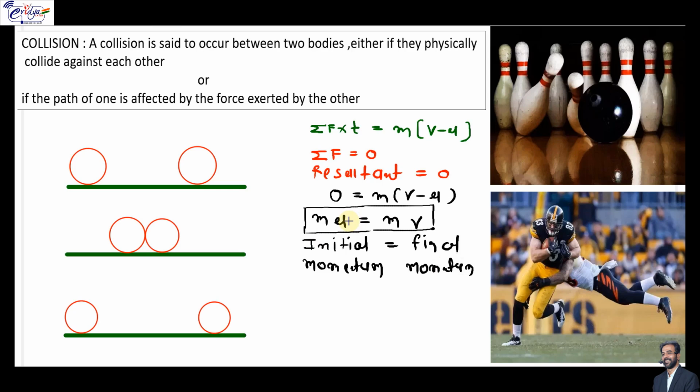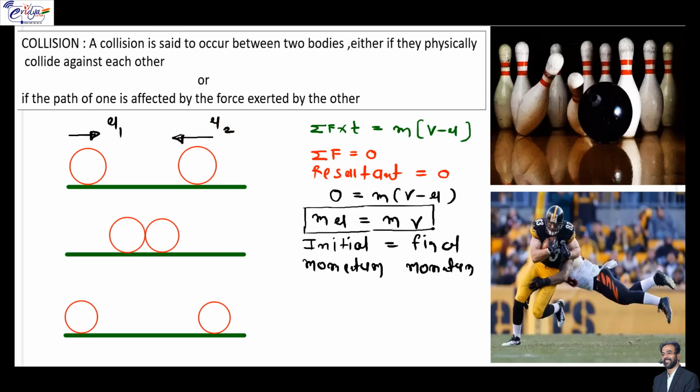We know this principle, and you have to use it in the types of collisions. See what happens here. There is one ball moving with some velocity, say u1, and another body, let us assume moving towards each other.